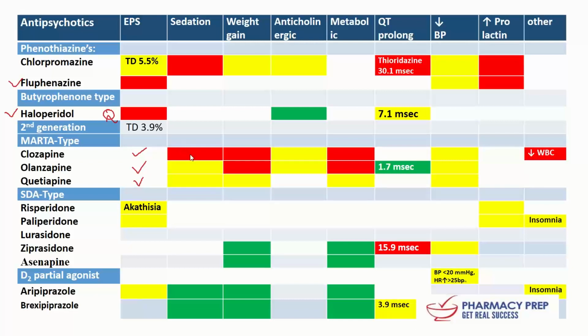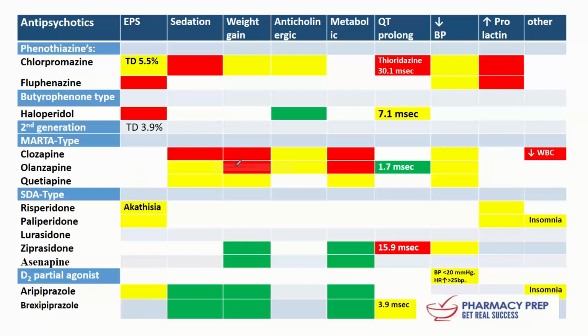You can choose one of the drugs from the second generation based on other factors, because selection of the drug for psychosis depends on drug side effects and also patient-specific conditions. Olanzapine can be a good option, which is considered to have the least extrapyramidal symptoms, and quetiapine can also be a good option.